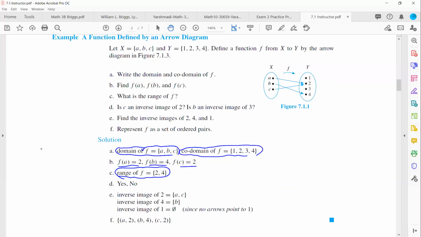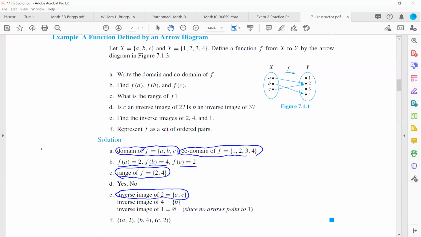E says find the inverse images of 2, 4, and 1. The inverse image of 2 is A and also C. So the inverse image of 2 is the set including A and C. That's why we use curly brackets here.